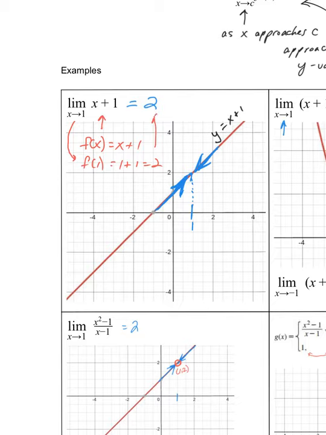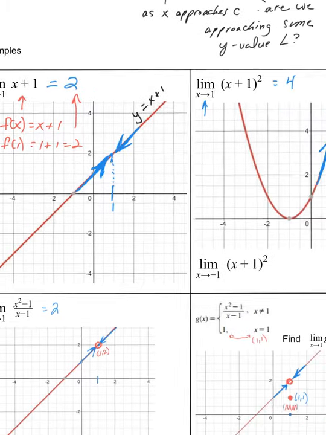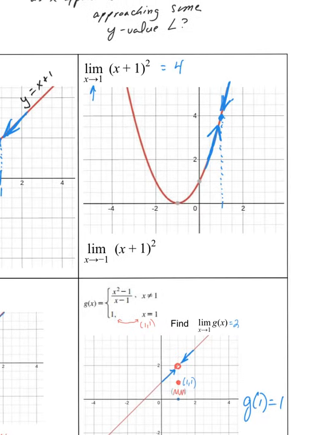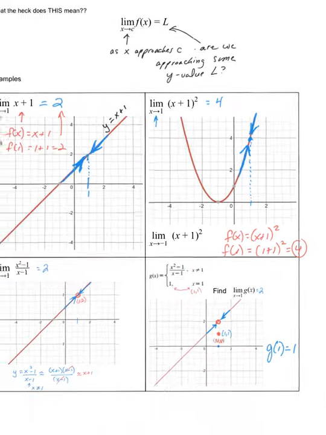See, you get the same answer. Likewise, if I take f of x is x plus 1 squared, and I ask what is f of 1, because that's what I'm having my limit approach, I can still get the answer 4. So sometimes substitution works.